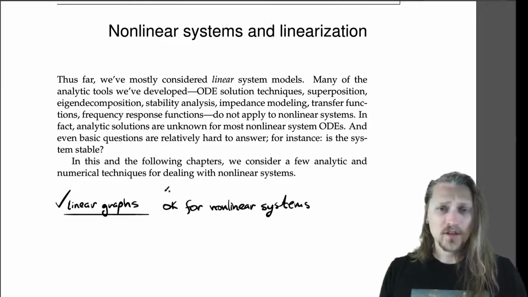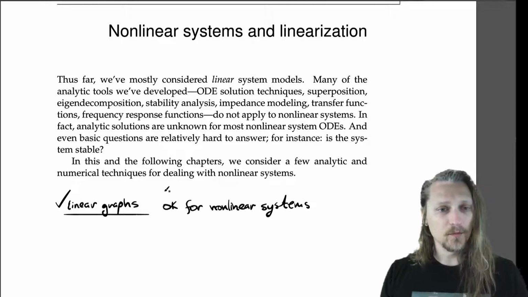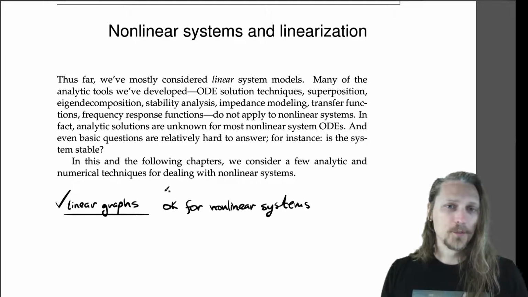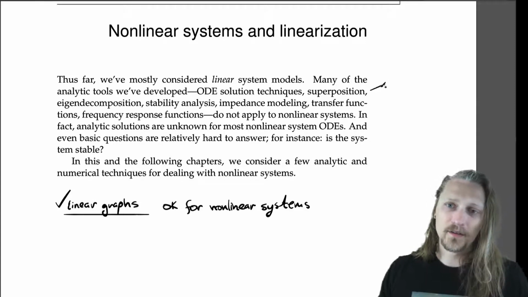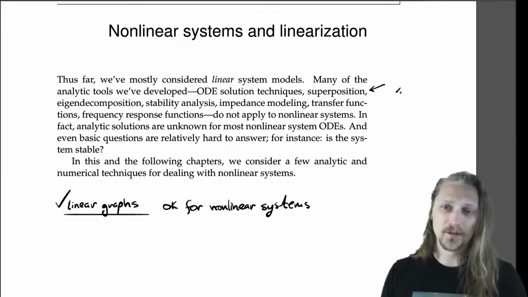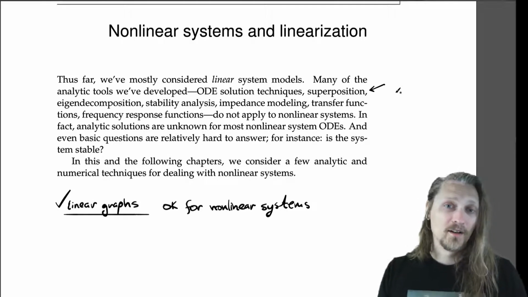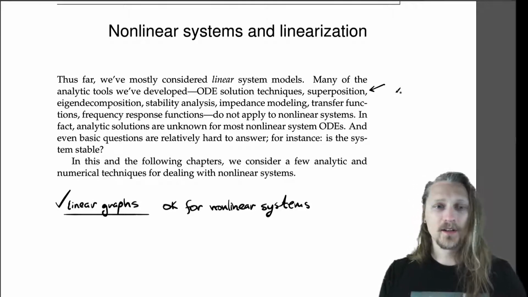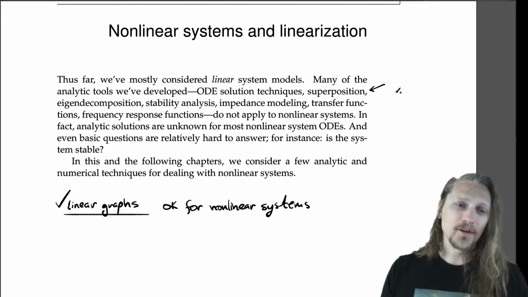A lot of the intuition that we've gained on how systems work will continue to apply, but some of it will not work anymore. We have this concept of superposition, for instance, that is no longer going to work for nonlinear systems. So if you double the input in a nonlinear system, you don't necessarily double the output. Another thing that happens is if you put in a sinusoid, you might not get out a sinusoid.